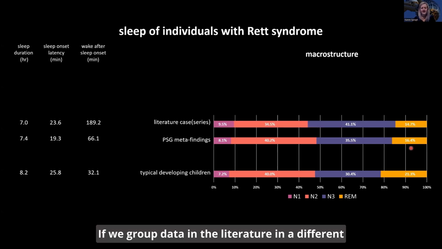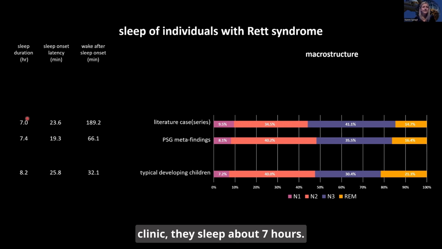If we group data in the literature in a different way, the literature of cases, so only one child being reported in the scientific paper, or 2 or 3 or a couple of children reported in the literature, if we combine all those data, they also come to a sleep clinic. They sleep about 7 hours.